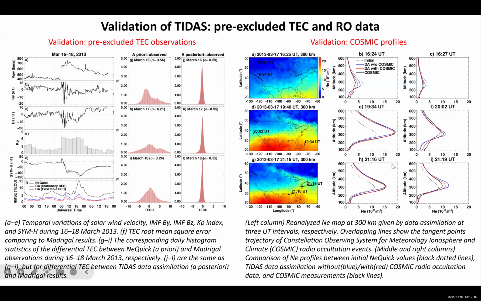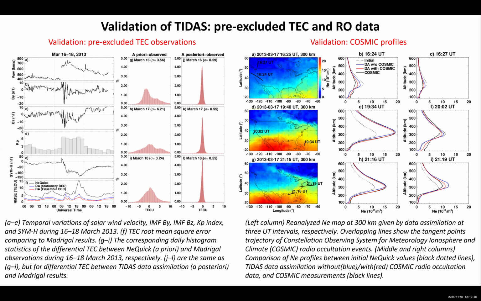We can see after data assimilation, the results move closer to the COSMIC profile, and the one including the COSMIC data performs better than the one without COSMIC. I mean, these are quite normal, that when we put data into the background, we also have a better performance.